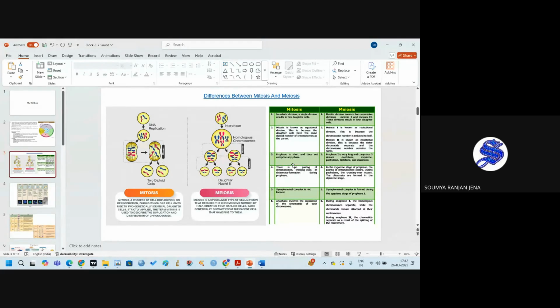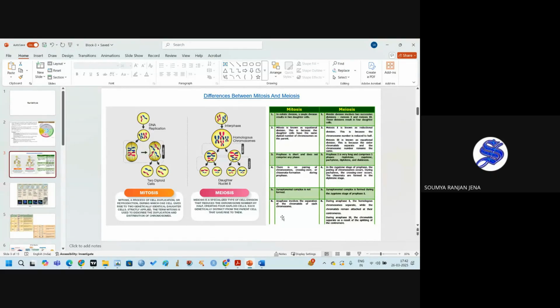In mitosis, crossing over or chiasma formation during the prophase will not occur, but in prophase 1 of meiosis 1, in the zygotene stage the pairing of the chromosomes occurs, during the pachytene the crossing over also occurs, and the chiasmata are formed in the diplotene stage. In meiosis, the synaptonemal complex is formed during the zygotene stage of prophase 1, but in mitosis the synaptonemal complex will not form.